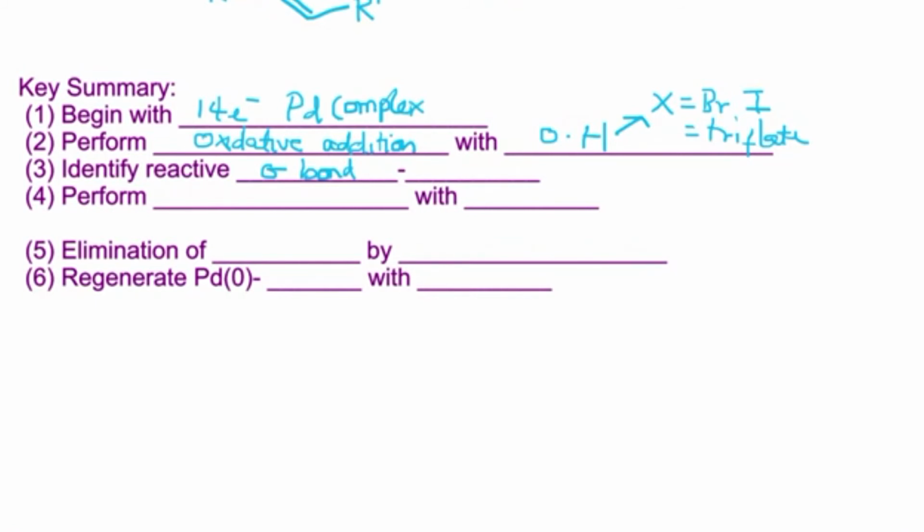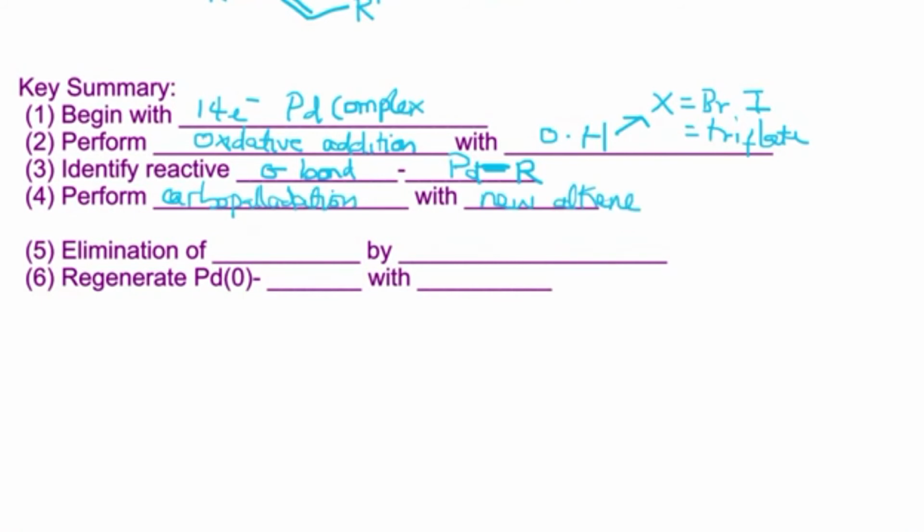Once you identify this palladium bonding with the R group, this bond is so reactive with a pi bond on your alkene coming in for you to perform a carbopalladation with your alkene.